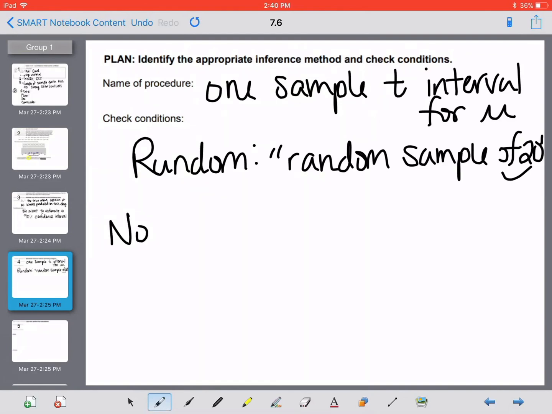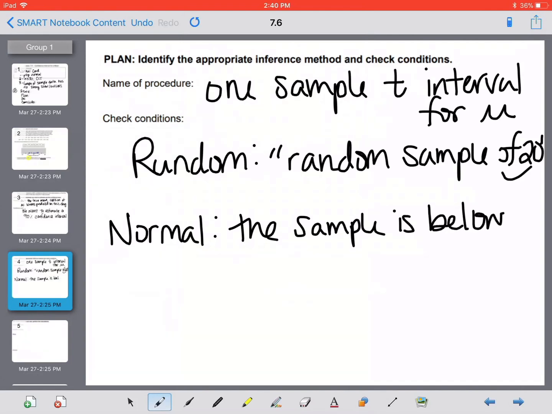Is it normal? The sample is below 30. But when we look at this dot plot, it doesn't show any strong skew or outlier.